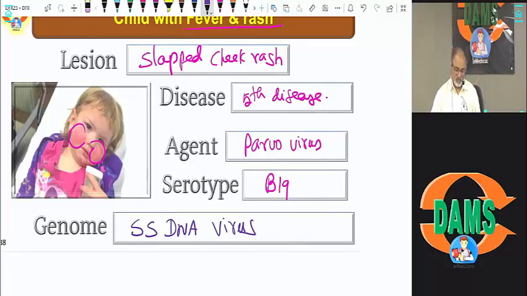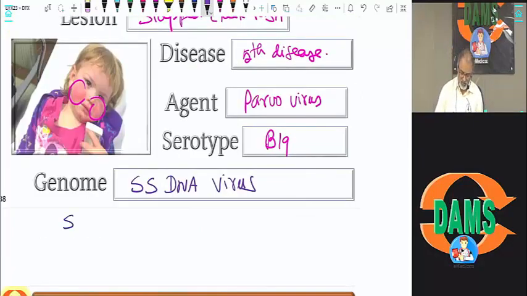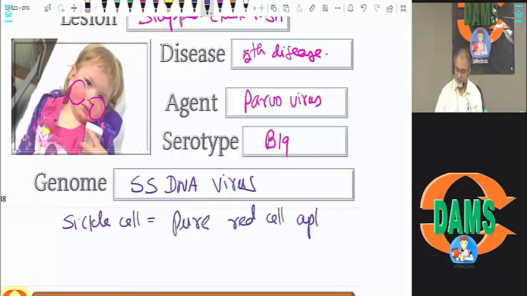In case of sickle cell disease, what it causes? Pure red cell aplasia.